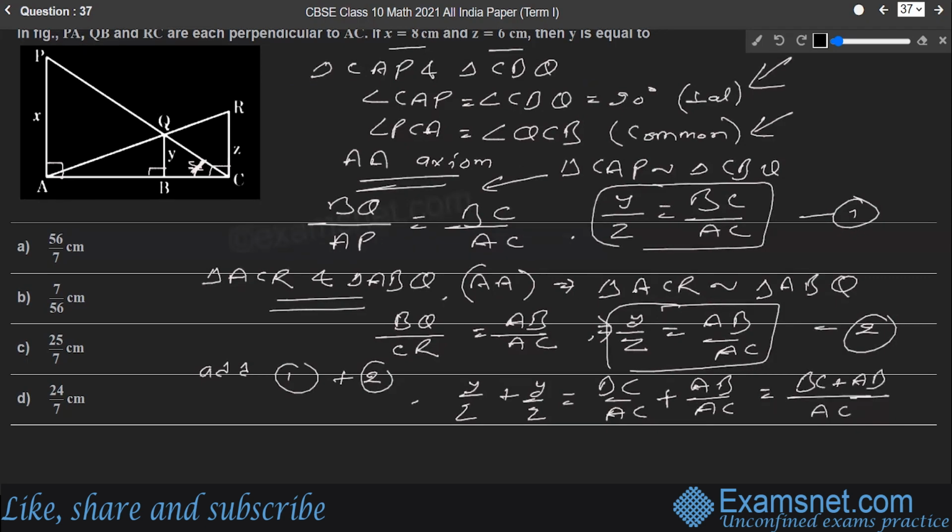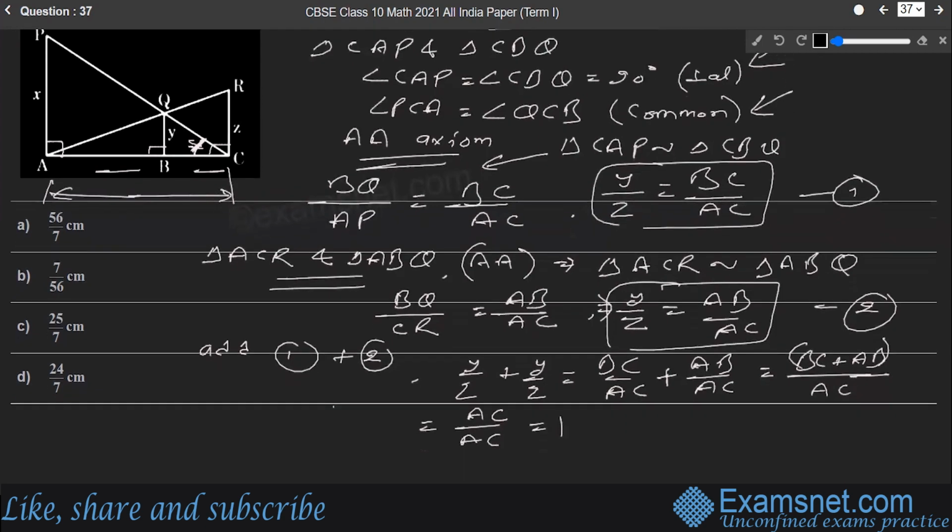And what is BC plus AB? If you see in the figure, BC plus AB is nothing but the complete side AC. So the right hand side is AC by AC, and that is nothing but 1. The right hand side has become 1.